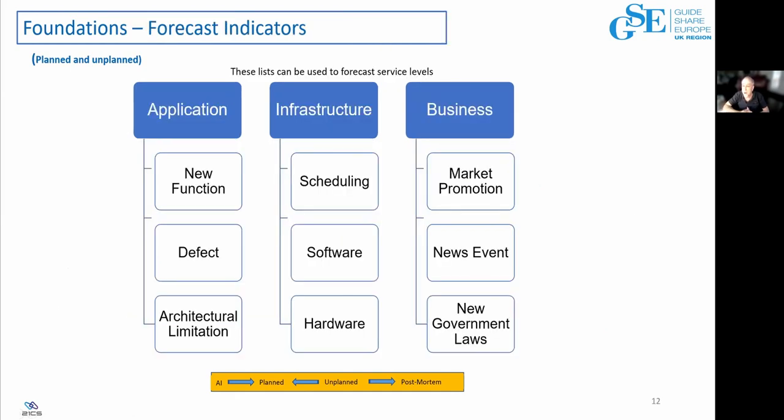All right, I put these in order in terms of variability. The application area usually was where I had the most variability in my forecast. New function was the first one where I would have variability.